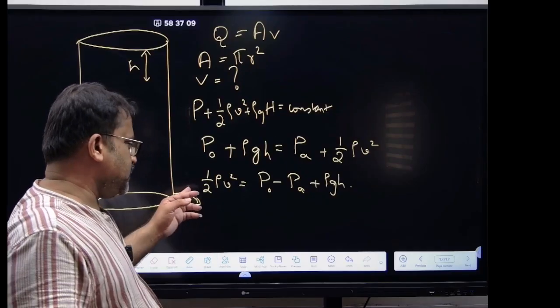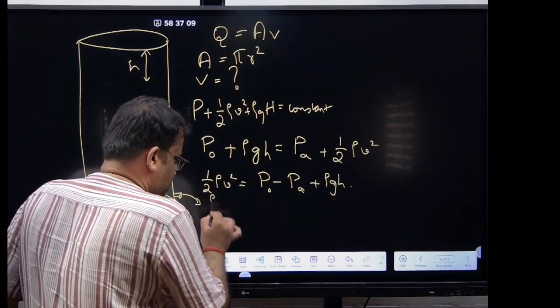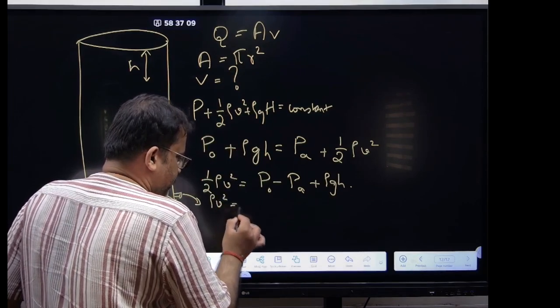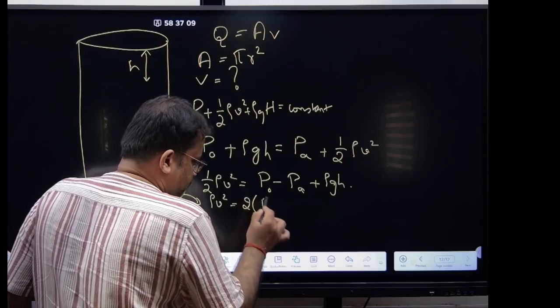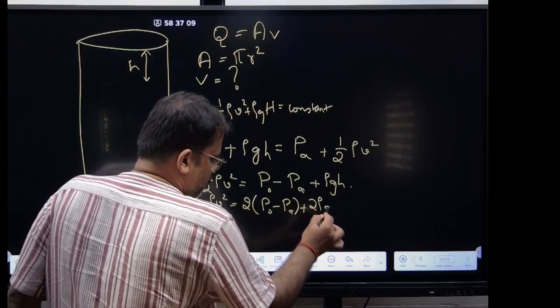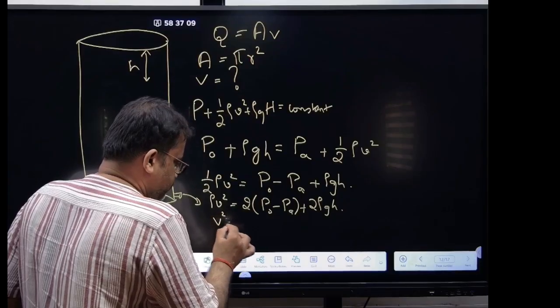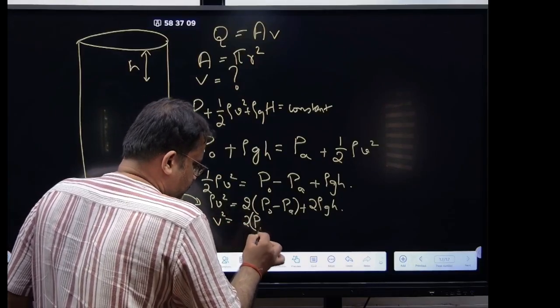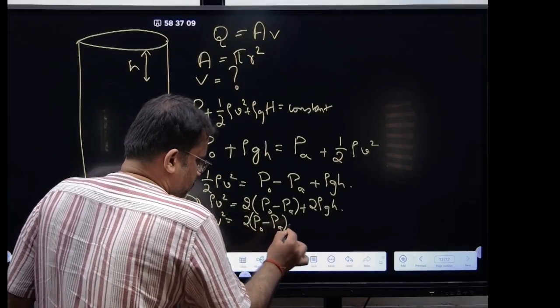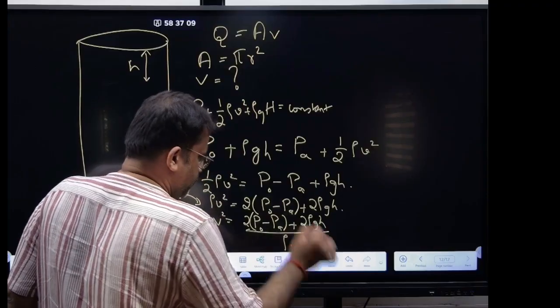We take 2 to the other side, and therefore we get rho V square is equal to 2 times P naught minus PA plus 2 rho g h. Now V square is equal to 2 times P naught minus PA plus 2 rho g h, whole divided by rho.